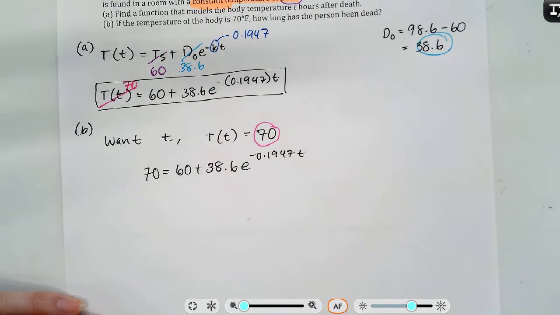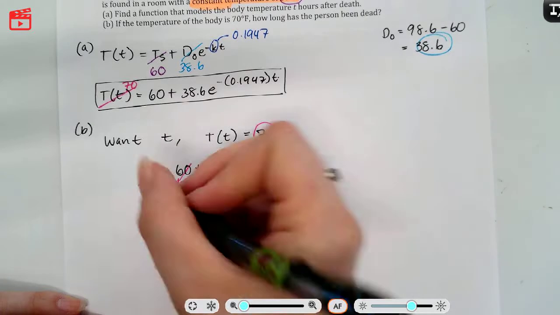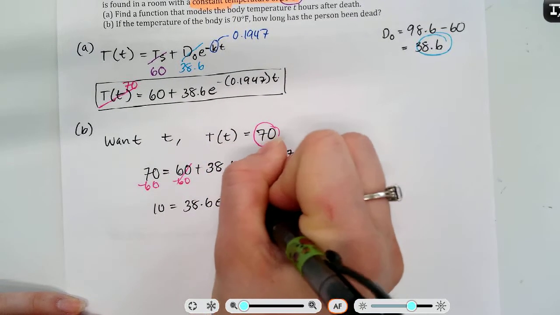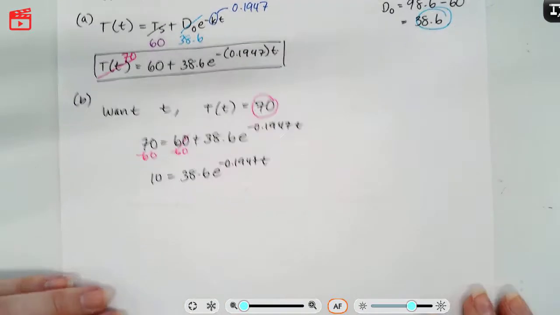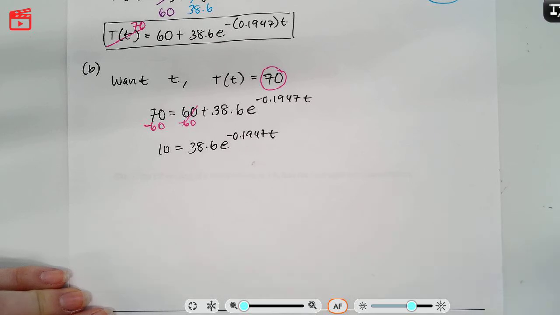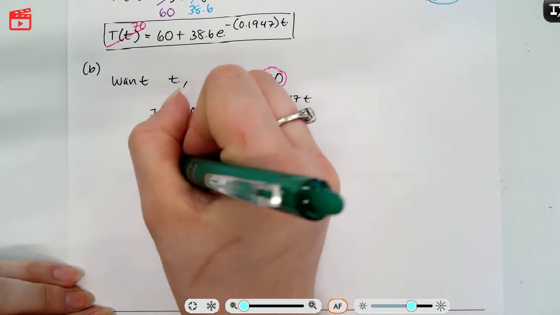All right, let's subtract 60 from both sides. That's going to be 10 equals 38.6 e to the negative 0.1947 t. I want to get e by itself so I can take the natural log of everything, because that's my normal plan. To get the variable down, I'm going to take the natural log. Let's divide by 38.6.